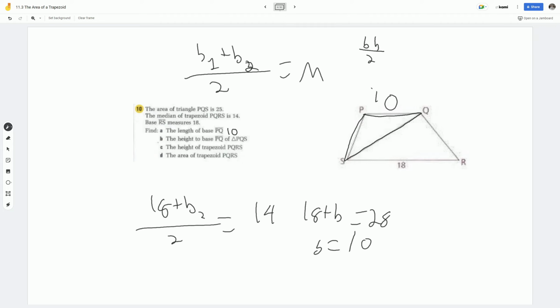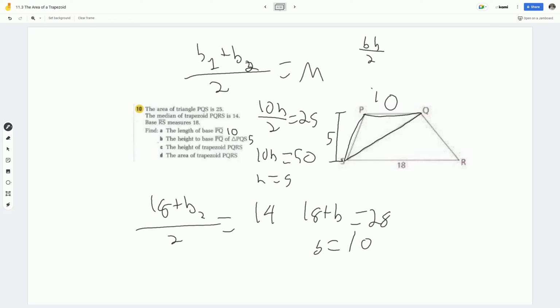We already know the base is 10 and the area is 25. So 10h over 2 is equal to 25. Once again, all I'm doing is substituting variables for the numbers we already know. Solving the equation, 10h is equal to 25 times 2, multiplying both sides by 2. The height is 5. So this right here is 5.